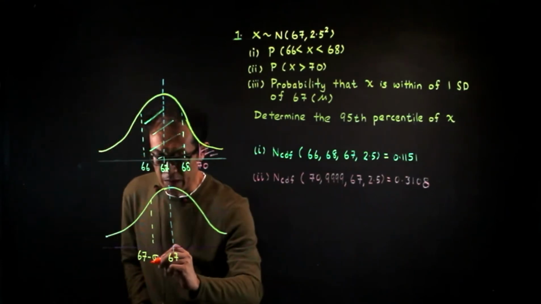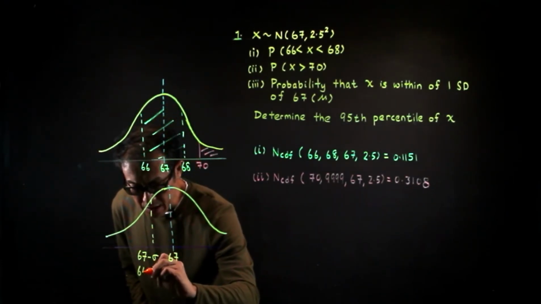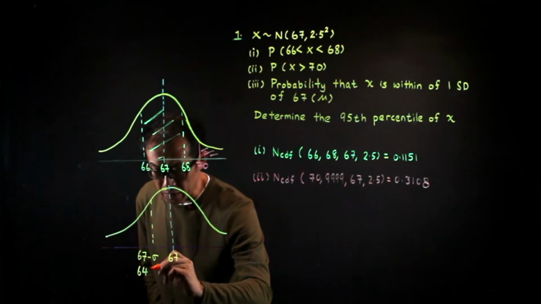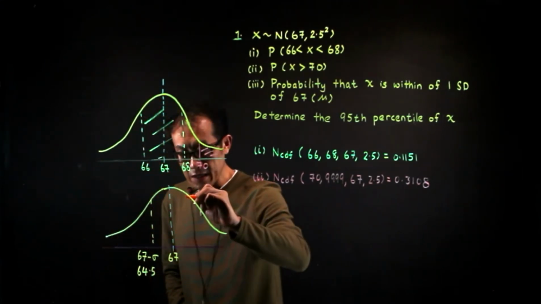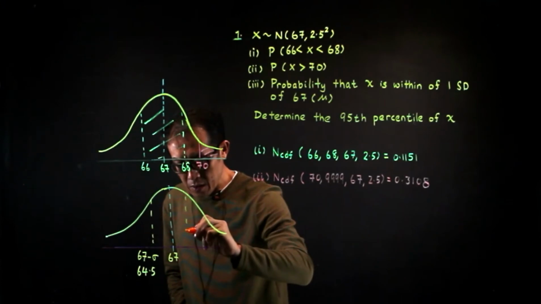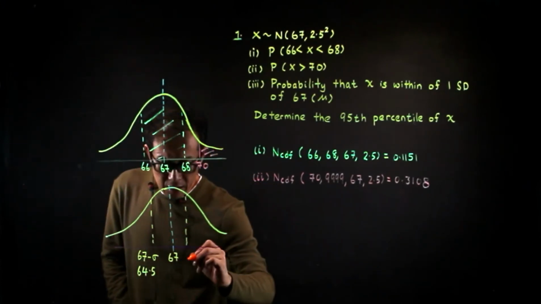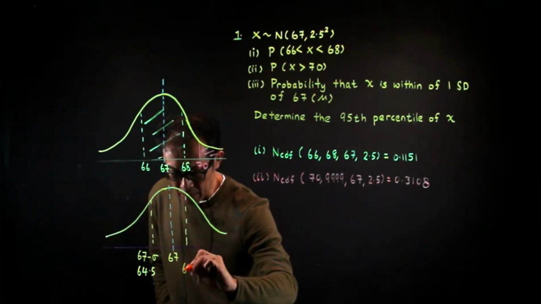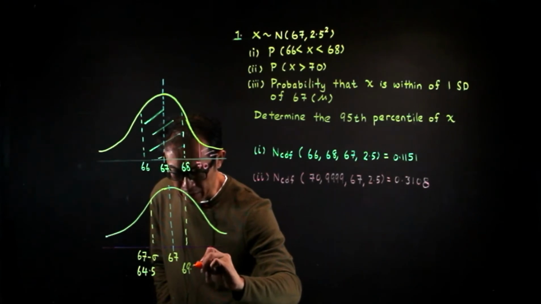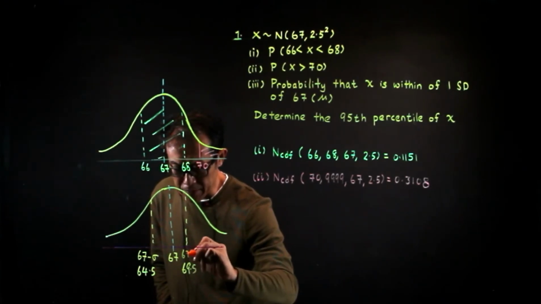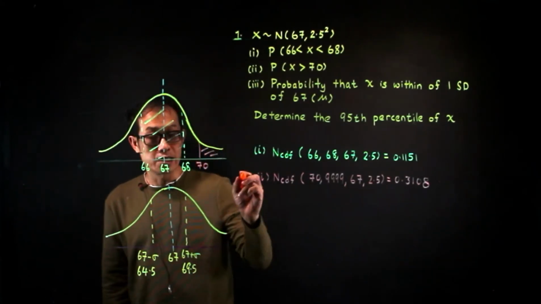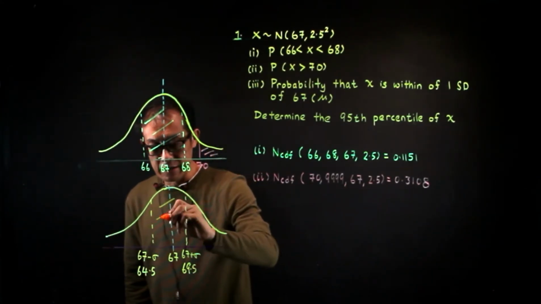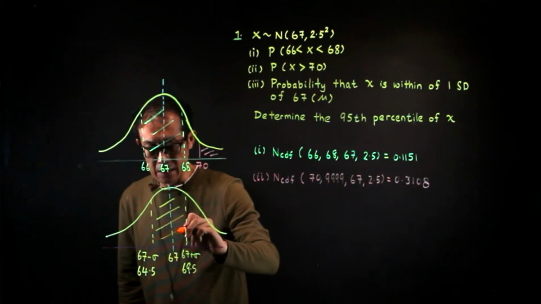Sigma is 2.5, so 67 minus 2.5 gives 64.5. And one standard deviation away on the other side, this will be 69.5, which is 67 plus 1 SD. Okay, so they are asking for this area here. That is the probability.